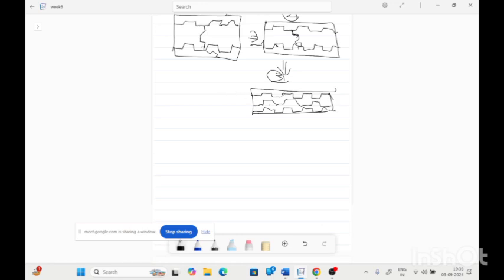As the grains come close, there will be serrations like this.